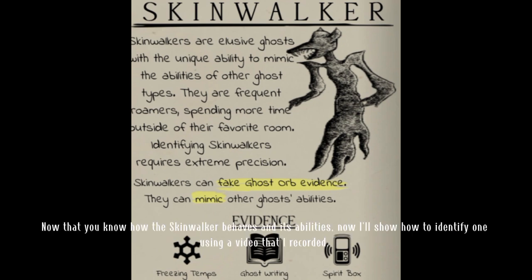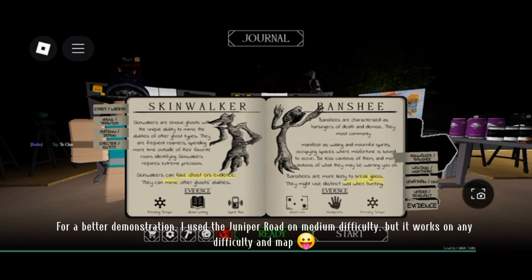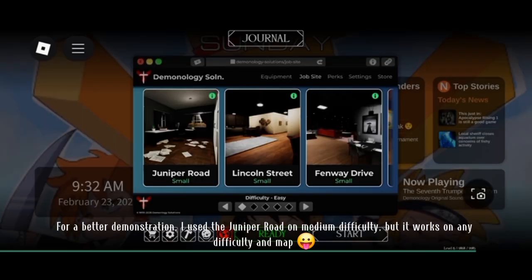Now that you know how the Skinwalker behaves and its abilities, I'll show how to identify one using a video that I recorded. For a better demonstration, I used Juniper Road on medium difficulty, but it works on any difficulty and map.